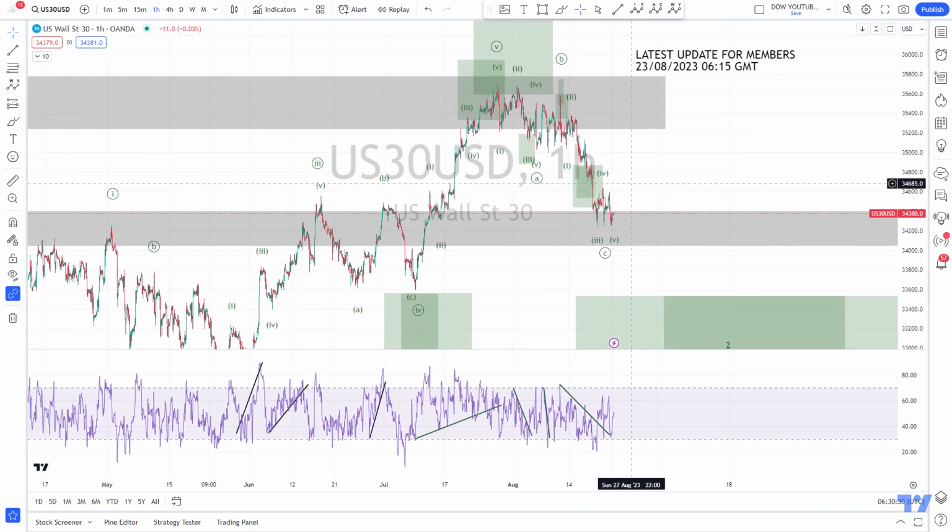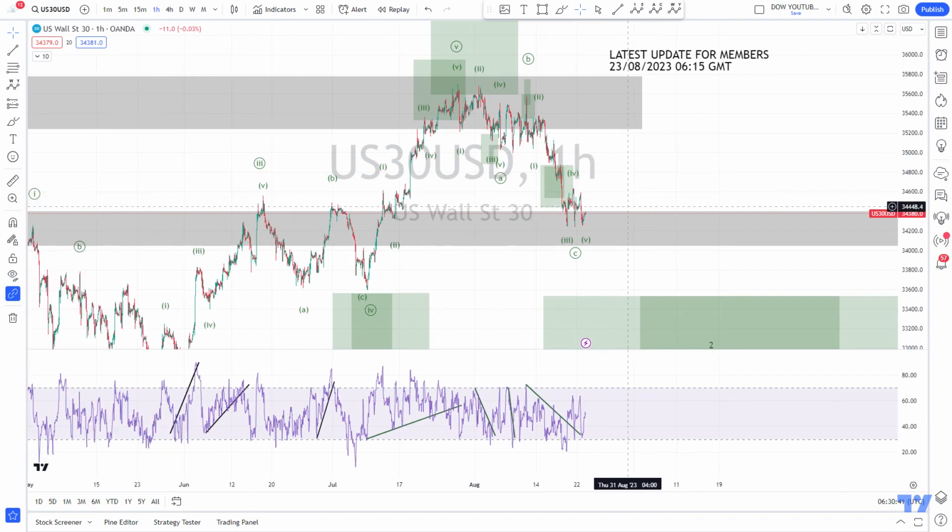As you know, I tried several times to find my entry here. I always had a reaction from my entry, I could protect my entry, but every time I was stopped out. And now we reached a level where I cannot really determine a good entry anymore.